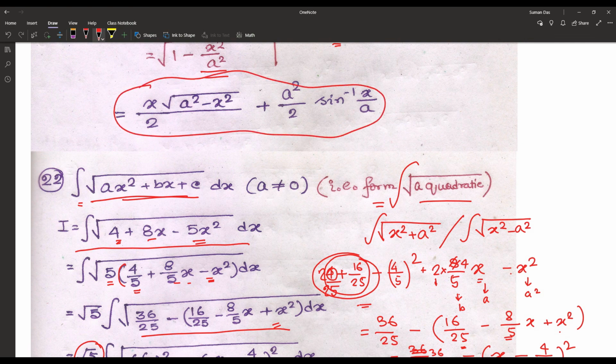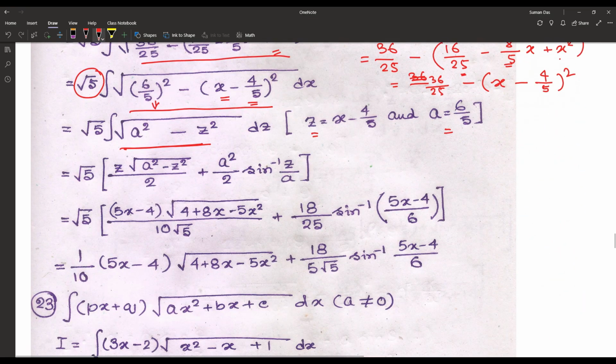So we are just using that one here for a and z: z into square root of a square minus z square by 2 plus a square by 2 sin inverse z by a. So just putting the values of z for x here, we are getting the result as that one.